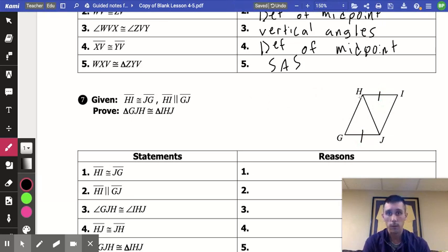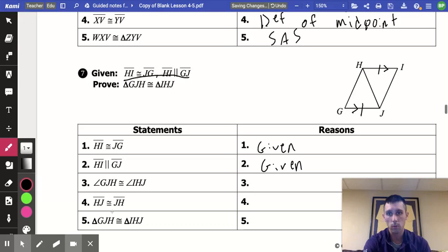All right, number 7, given HI is congruent to JG, so JG, HI. It also says HI is parallel to GJ, all right? So how do we know the HI to JG? HI to JG, that's in this one, so that is given. What about being parallel? Given. Now, what angles are they asking us to use?